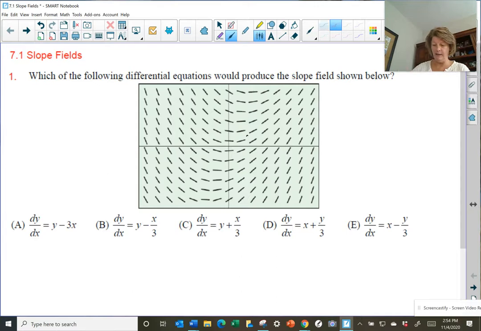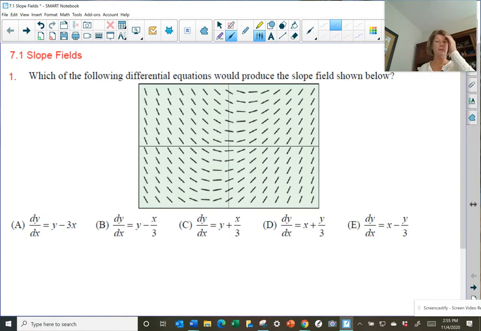When I look at these slope fields, I notice there's a lot of positive slopes in this one, mostly positive slopes in quadrant 4, mostly negative in quadrant 2, and mostly negative until we get over to the right where we start getting flattened out.